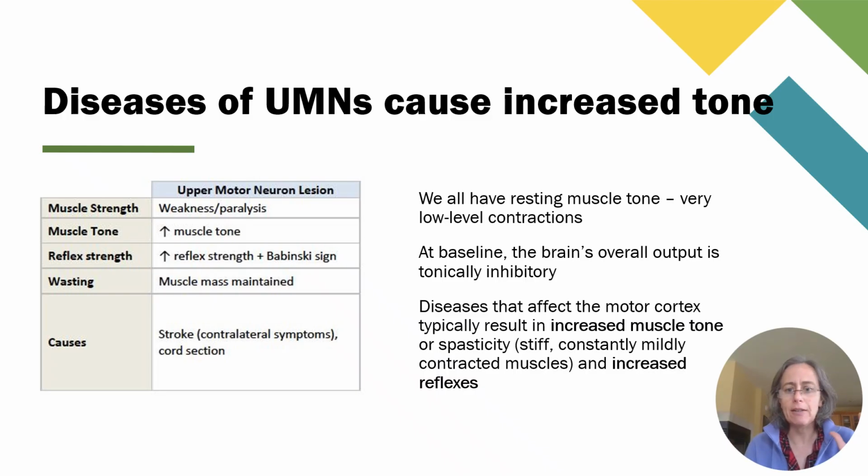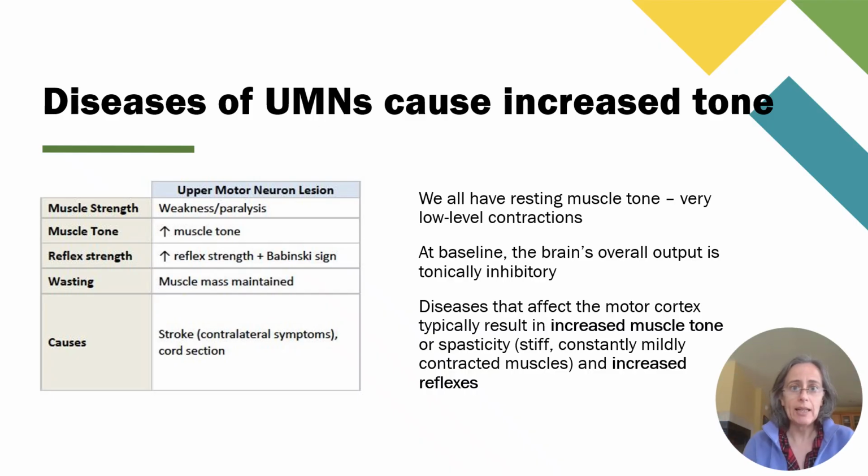If you have an upper motor neuron disease, it's going to cause an increase in that resting tone. The reason for that is that the brain's overall baseline tonic output is inhibitory. Remember, we learned that in the basal ganglia. When the brain is intact and functioning normally, those upper motor neurons are sending inhibitory signals.